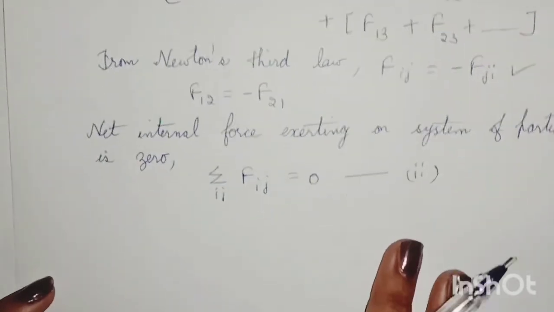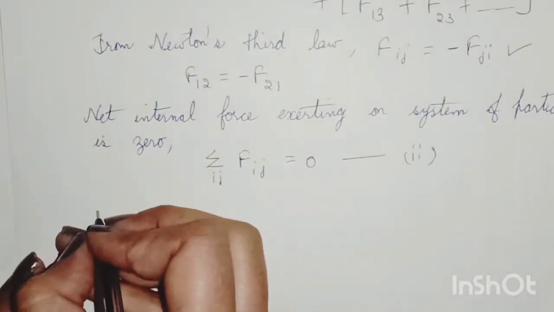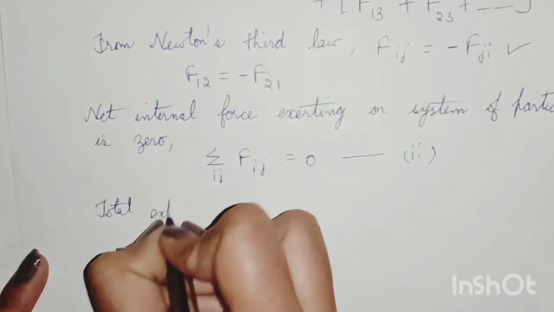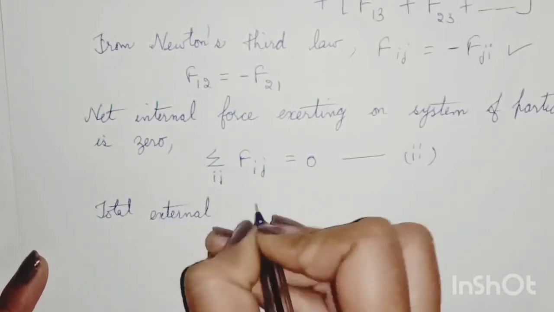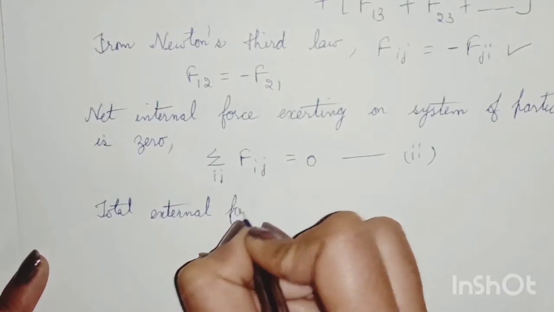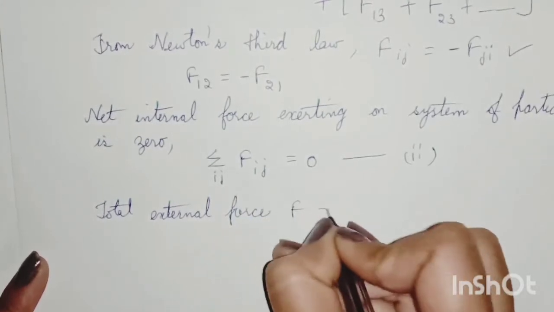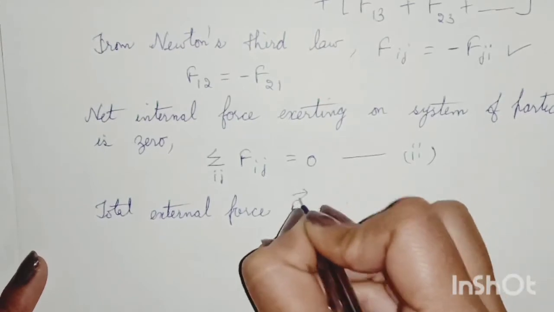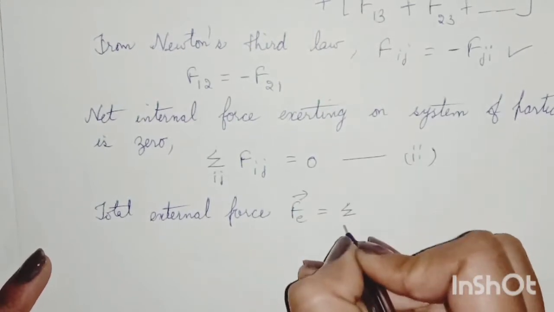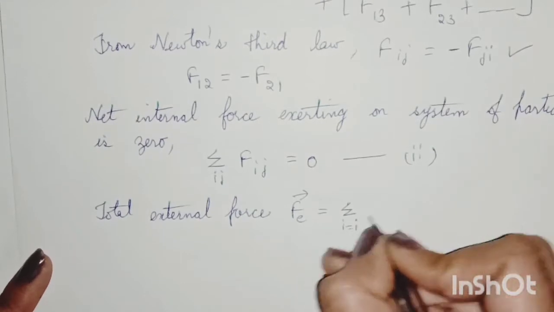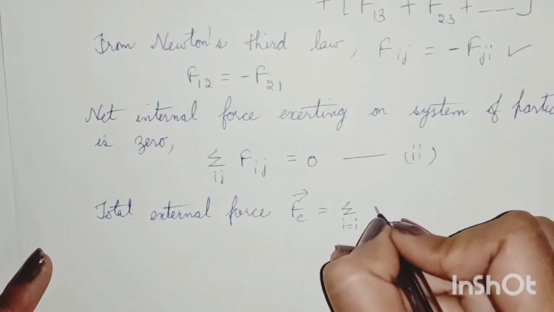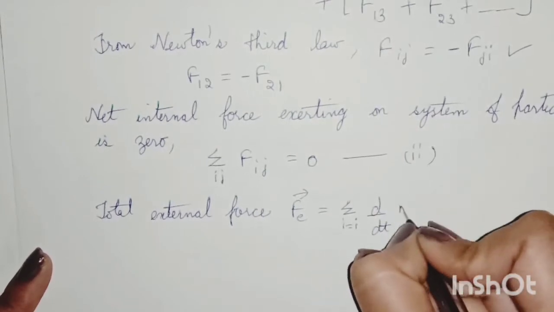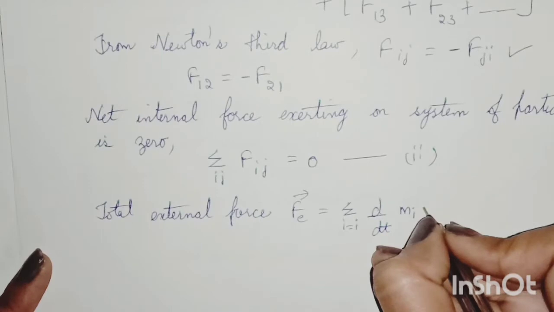For this we can write the total external force Fe vector is equal to summation over i equals 1 of d upon dt of mi vi.